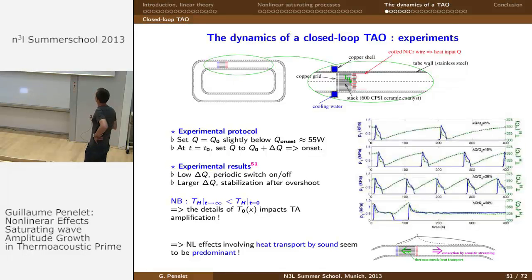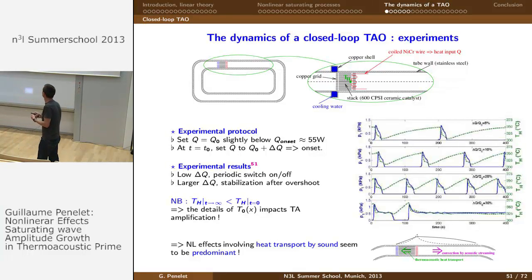But an interesting point is that the temperature reached in steady state is much lower than the temperature we have just before the onset of the thermoacoustic instability. So this means that the shape of the temperature field strongly impacts the thermoacoustic amplification. And it seems also that nonlinear effects which involve heat transport by sound play a major role in the saturation of the wave.